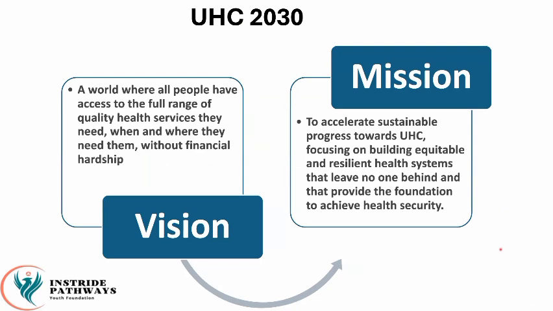The vision is that we want a world where all people have access to the full range of quality health services that they need, when they need it, where they need it, and without any form of financial hardship. And their mission is to accelerate sustainable progress toward universal health coverage, and they do this by focusing on building equitable and resilient health systems in such a way that no one is left behind, and that they are able to provide a foundation to achieve health security.